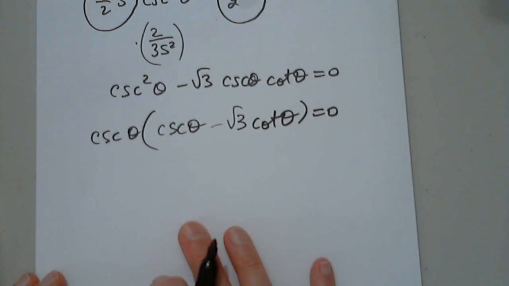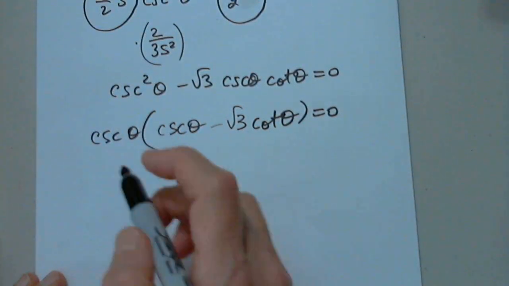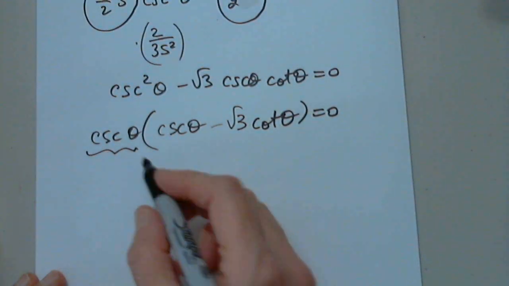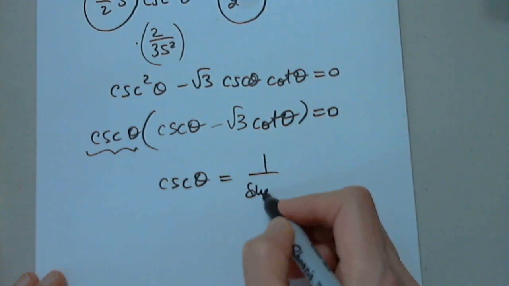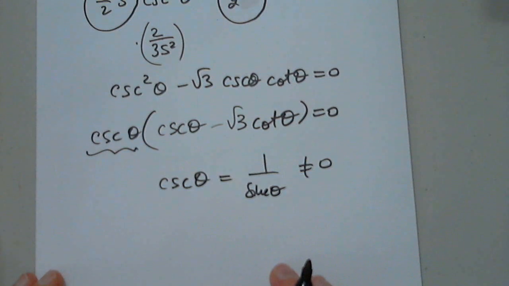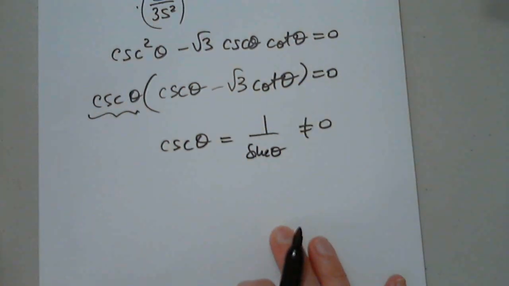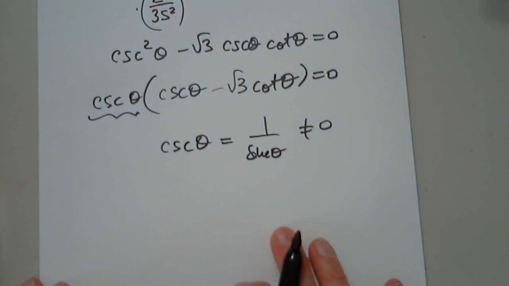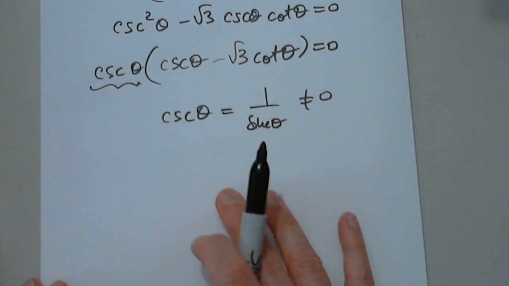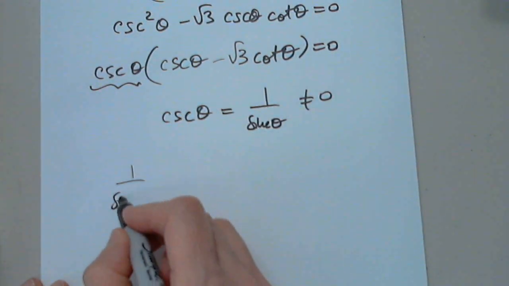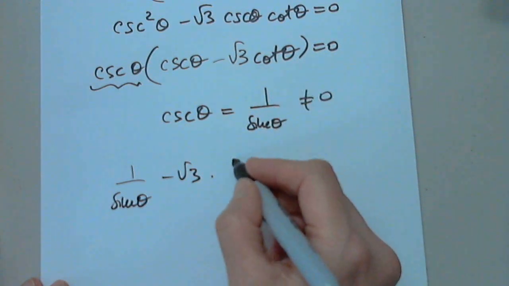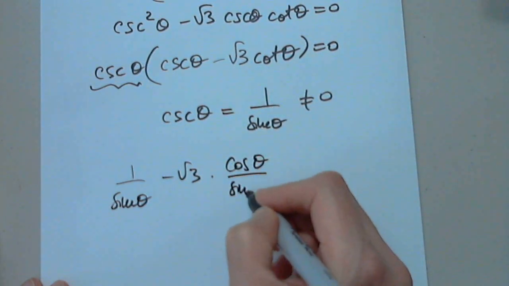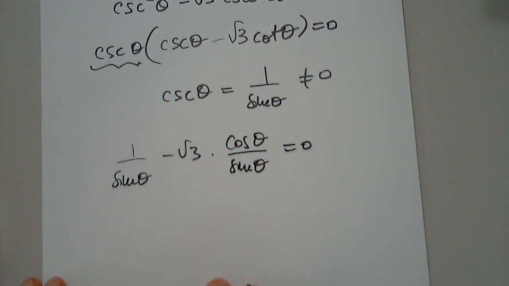Okay, so two pieces. First, this. So cosecant theta equals 1 over sine theta, which can never be 0. Okay, now the second one. Cosecant theta, 1 over sine theta, minus the square root of 3. Cotangent is cosine theta over sine theta equals 0.